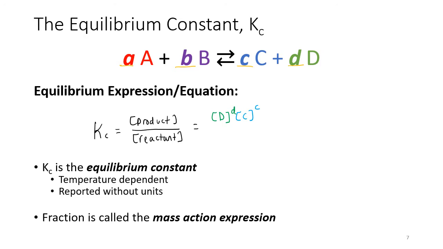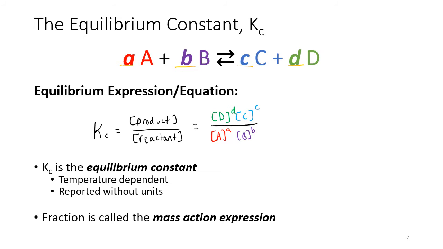So that represents our products over our reactants. We have reactants A, so concentration of A raised to the coefficient lowercase a, times the concentration of reactant B, and B will be raised to its coefficient lowercase b.